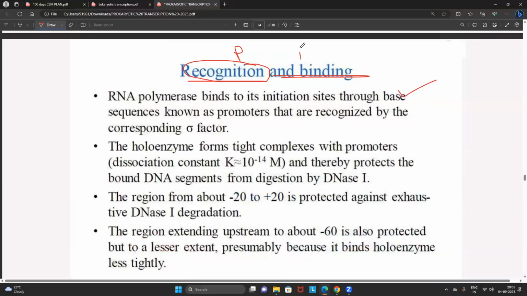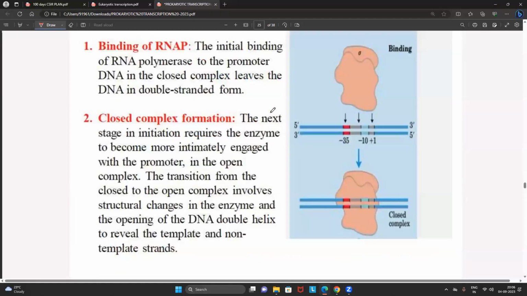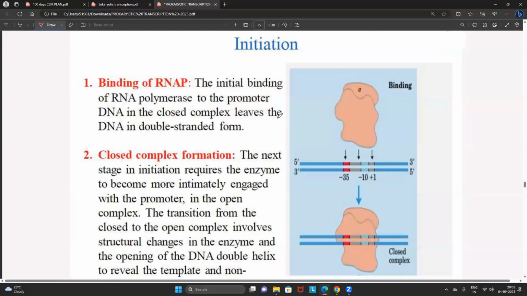The promoter has to be recognized by the RNA polymerase enzyme. Look at the point, friends. RNA polymerase binds to its initiation sites through the base sequences known as promoters, which are recognized by the corresponding sigma factor. That you all commonly know. Now all the students look at the picture very carefully.